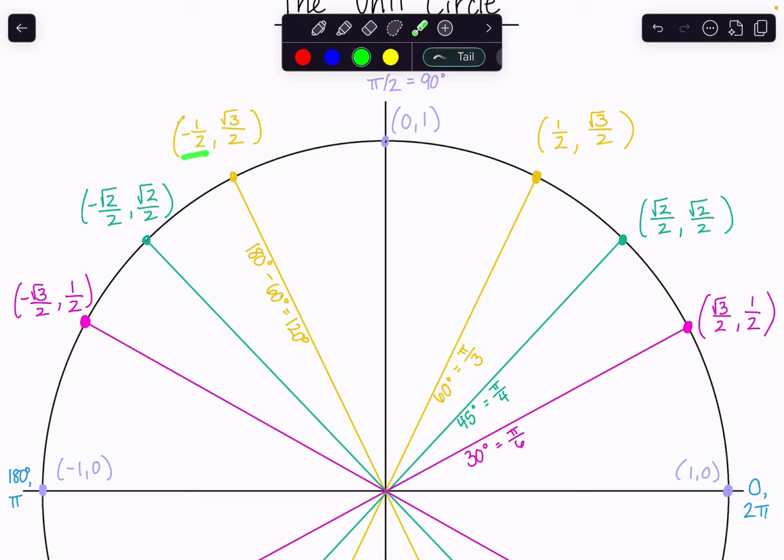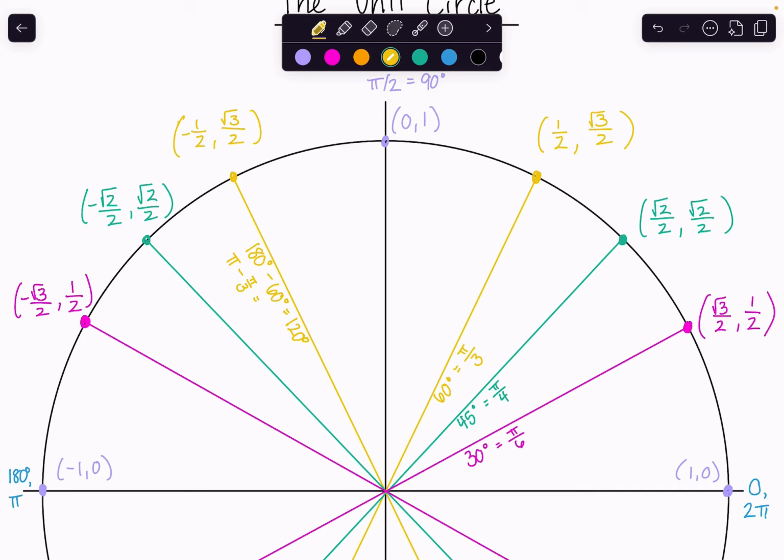So sine of 120 and cosine of 120 are just found by that point. But I also want this in radians, so instead of going back 60 degrees, I want to start at pi, and I'm going to go back that in radians, which is pi over 3. So from pi, we are going back pi over 3.